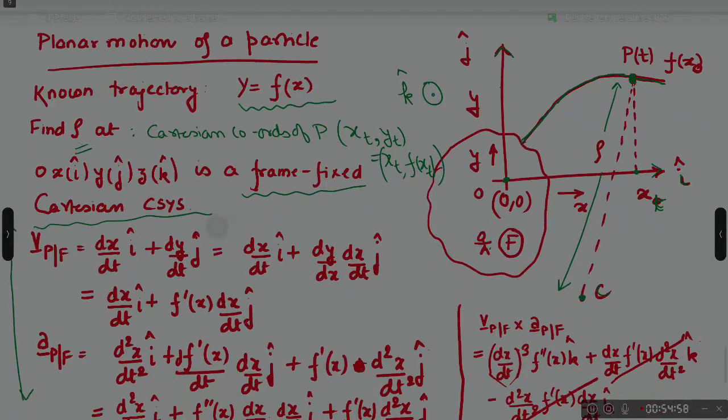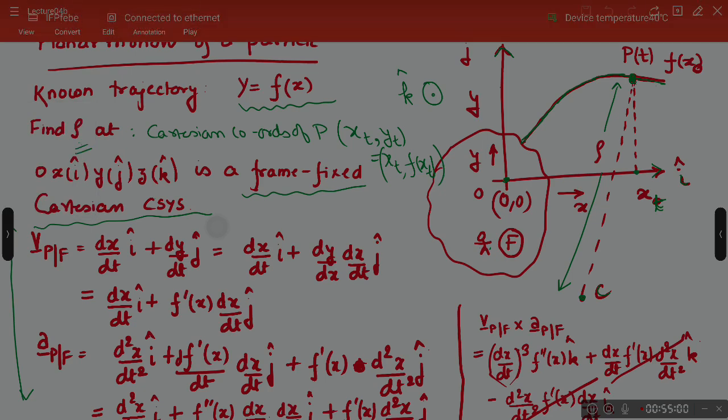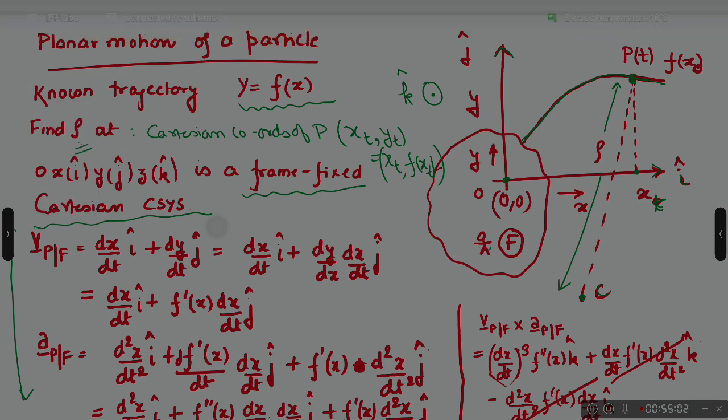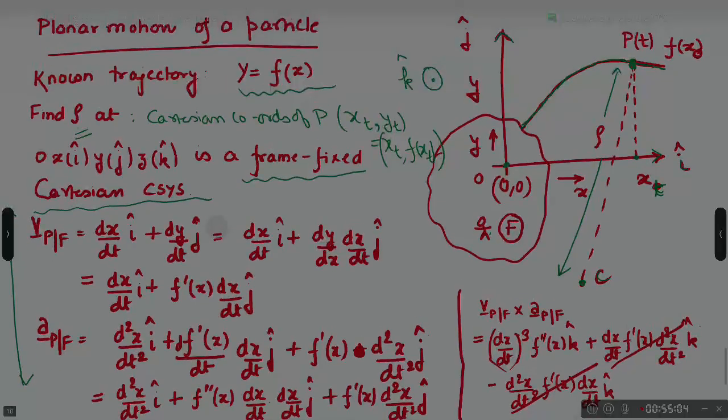The next slide is also about finding the local radius of curvature of a particle under a certain condition. This can be considered a special case.